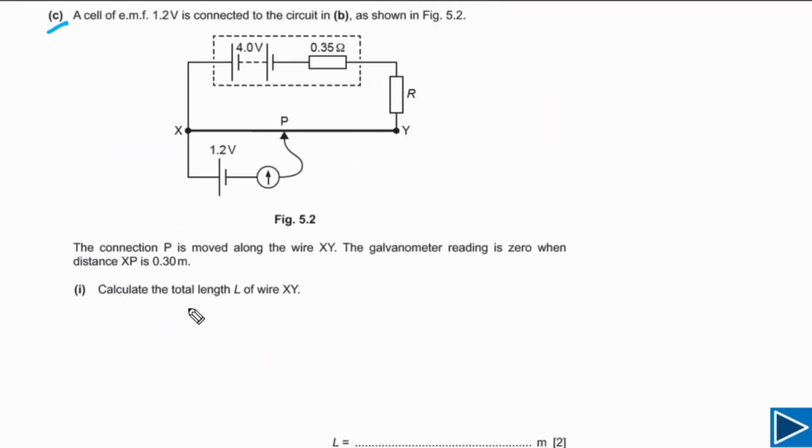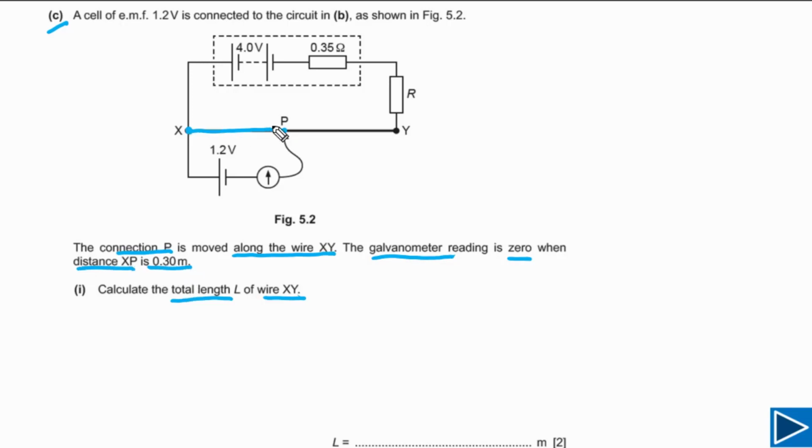For part C, we need to calculate the total length L of wire XY. But for this question, it is given to us the connection P is moved along the wire XY. It simply means that we started moving our slider from this point and we keep on moving this one until it is at point P. Now it is given to us the galvanometer reading is 0 when the distance XP is 0.30 meters.